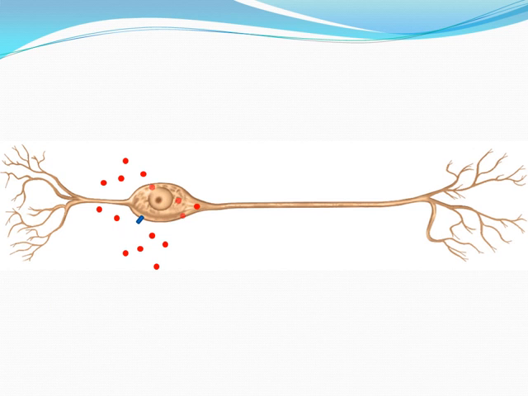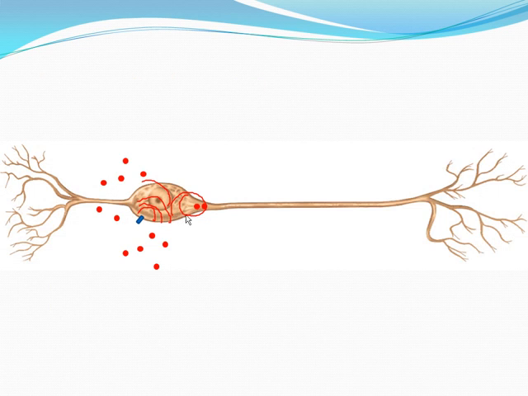As you can see, they diffuse across the cell body and gather here at the axon hillock. Once it hits threshold at the axon hillock, that causes the action potential, and the action potential will propagate across the entire axon all the way to the axon terminal.